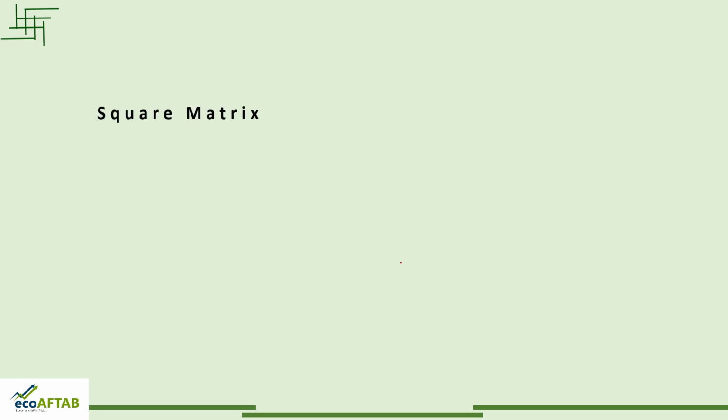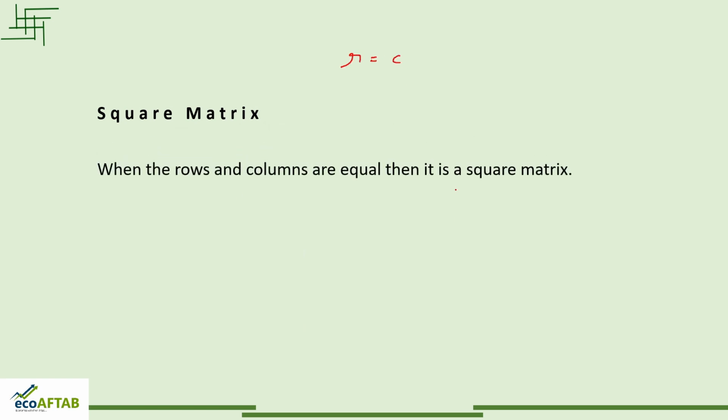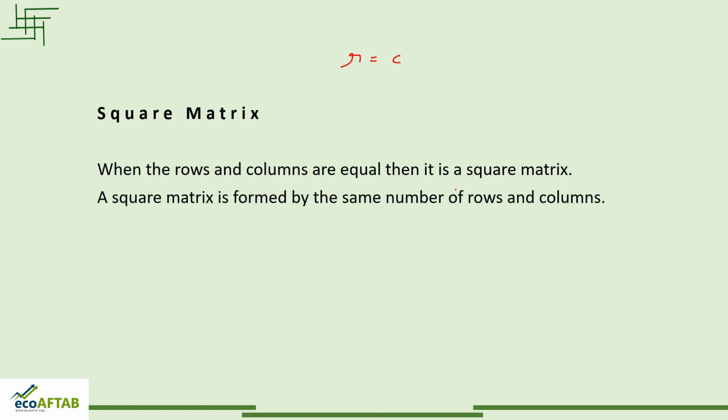Then comes square matrix. The name itself says if the rows are equal to columns, then it is a square matrix. A square matrix is formed by the same number of rows and columns. So here we can see column 1, column 2, column 3, row 1, row 2, row 3. So this is a 3 by 3 matrix.